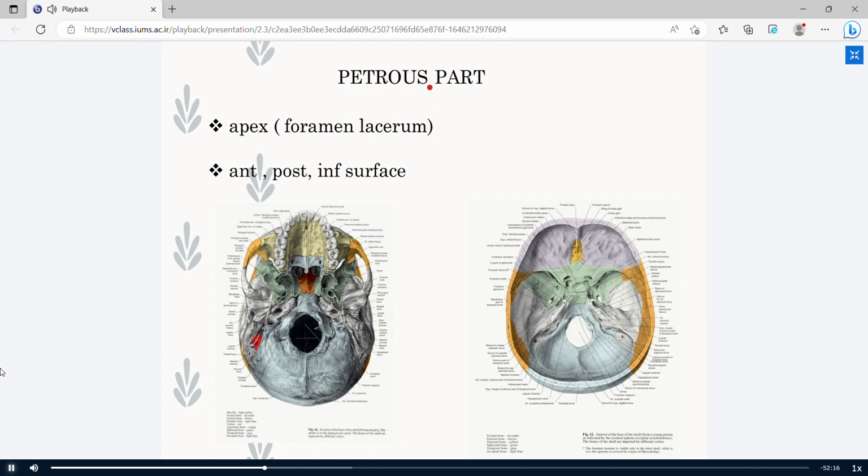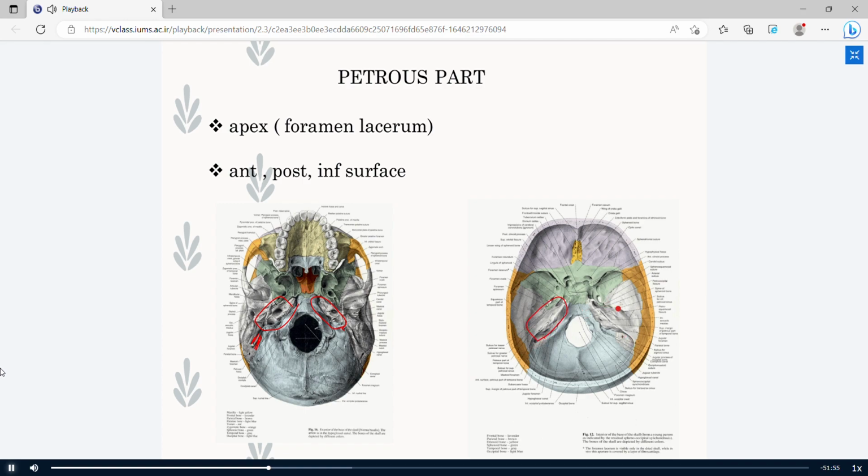But the third portion of temporal bone is the petromastoid portion. I explained about the mastoid portion, but this is the petrous part.